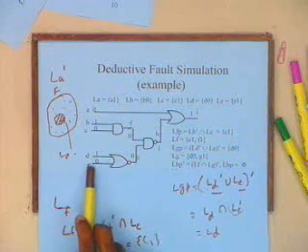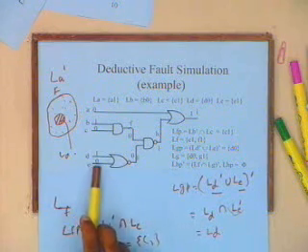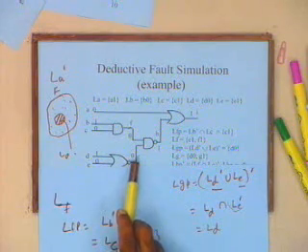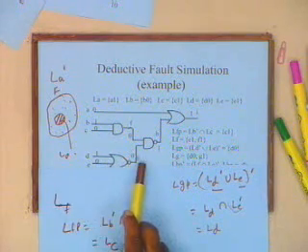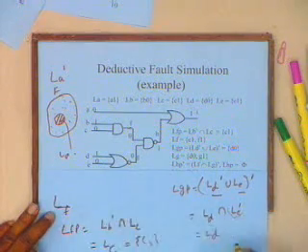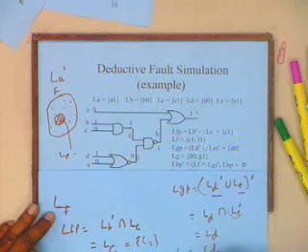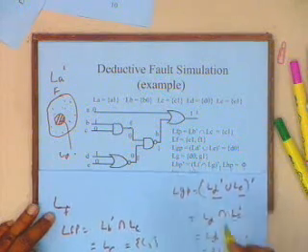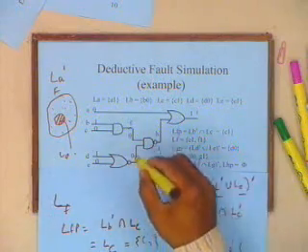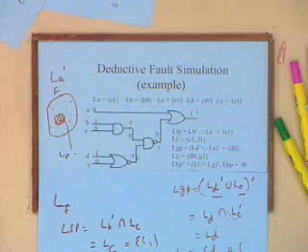But E, if E is stuck at 1, 1 and 1 is still going to give me a 0, and I am not able to propagate the fault through this particular gate. And so I will get LD, and LD was nothing but D0, and my LG will be faults which come from D and the fault which gets generated at G. The fault that gets generated at G is G1.